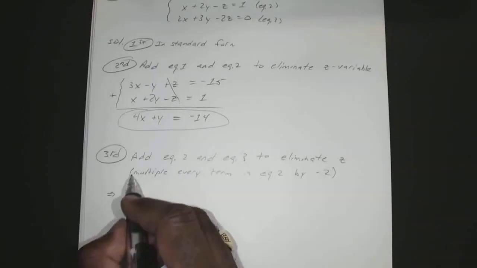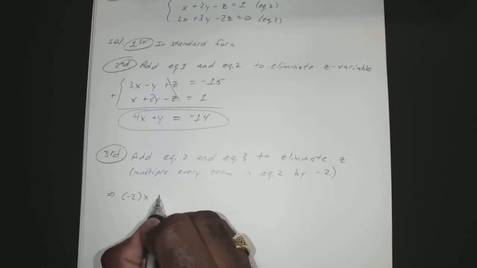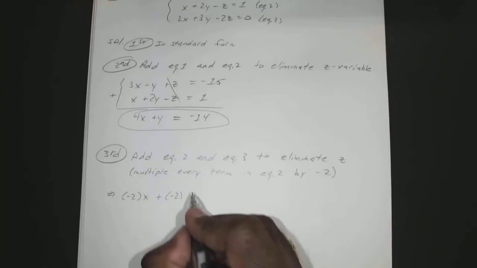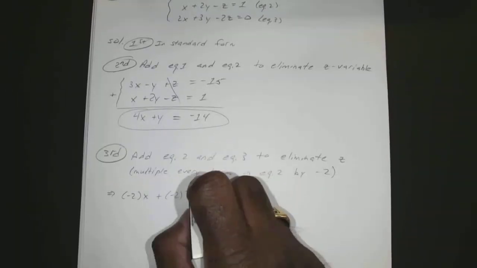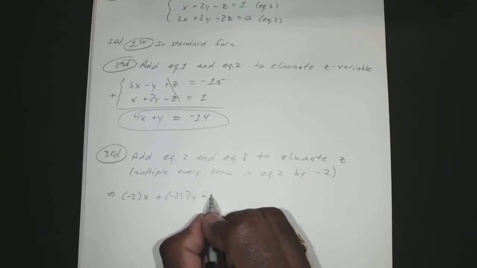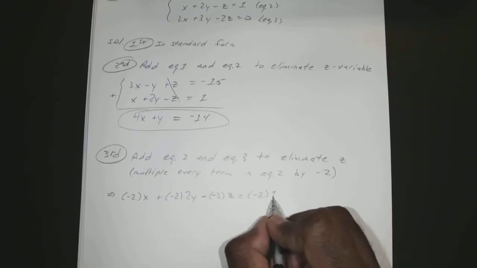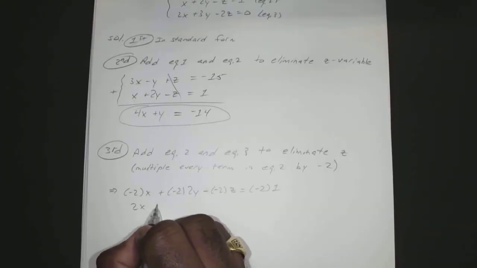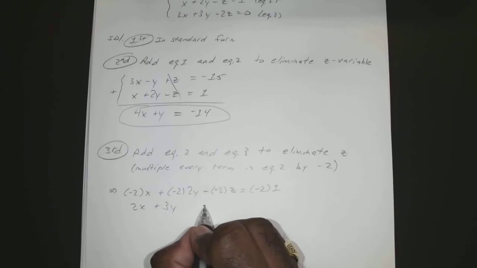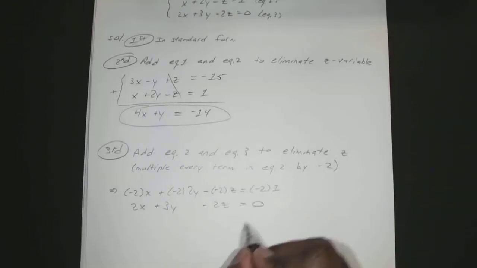Okay, so that means you have negative 2x plus negative 2 times 2y, minus negative 2 times z equals negative 2 times 1. Okay, and equation 3 is just 2x plus 3y minus 2z equals 0.